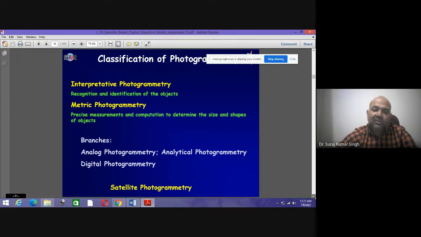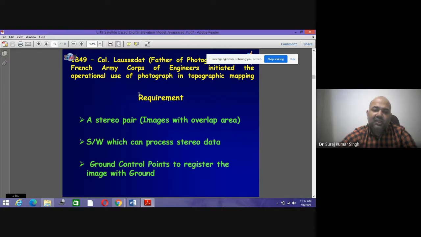For satellite photogrammetry, you will require a stereo pair of images that involves an overlap area, software which can process the stereoscopic data sets, and ground control points to register the image to the ground for geometric corrections.